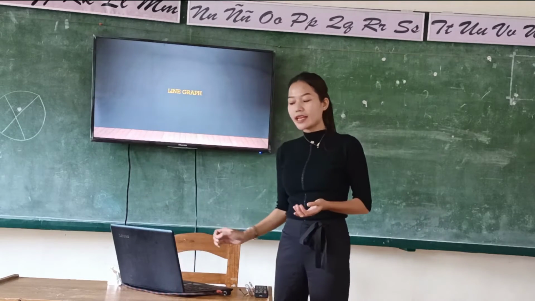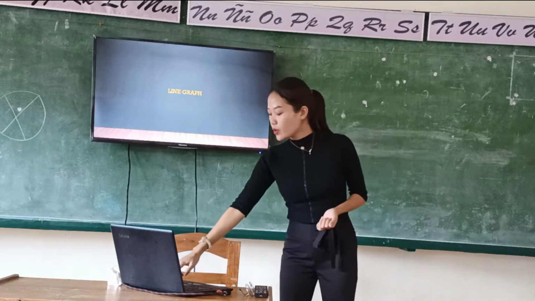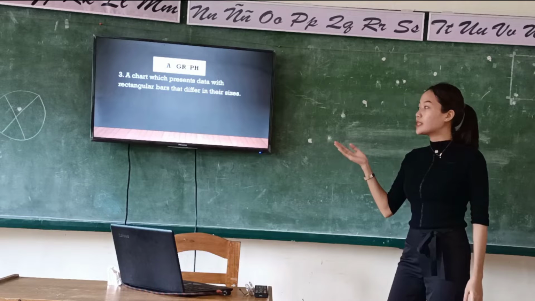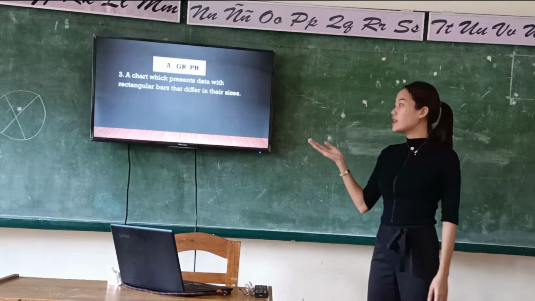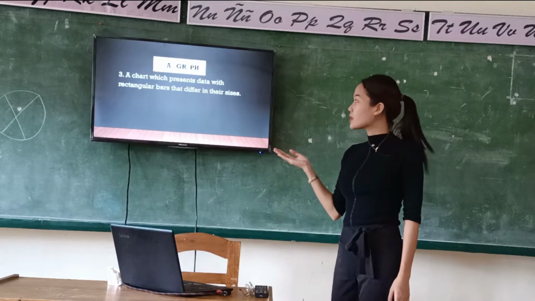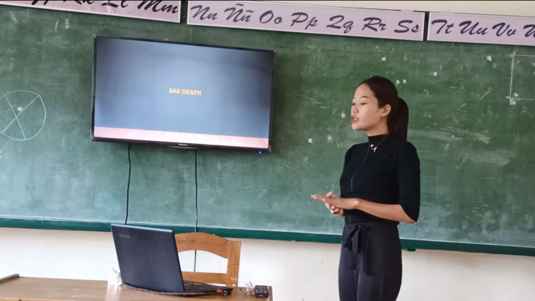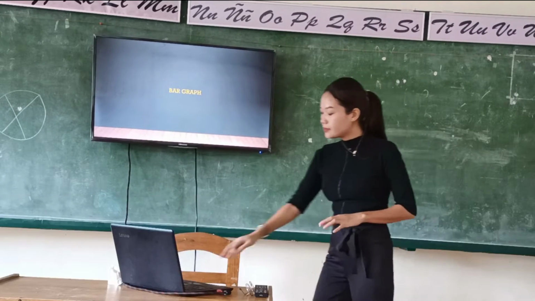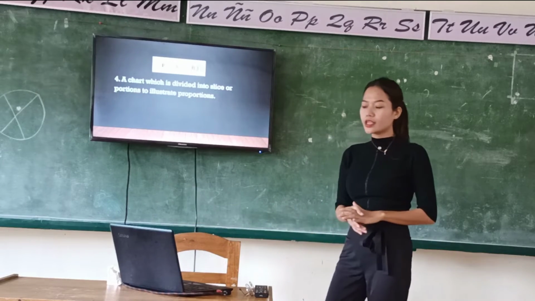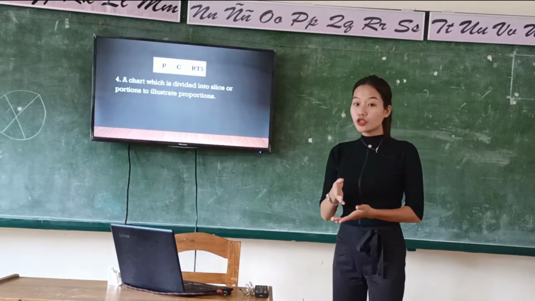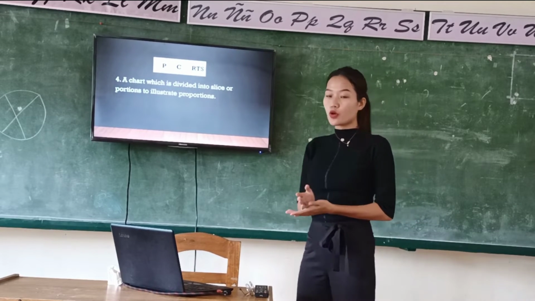That is line graph. Third, a chart which presents data with rectangular bars that differ in their sizes. Very good. It is bar graph. Fourth, a chart which is divided into slices or portions to illustrate proportions.